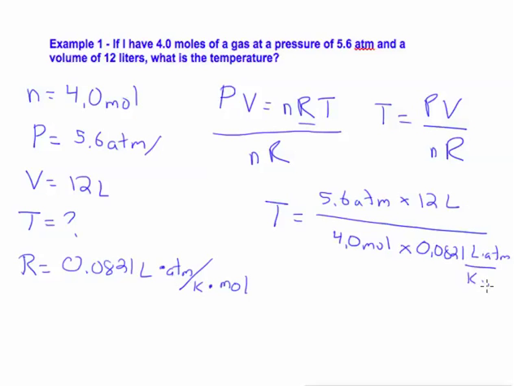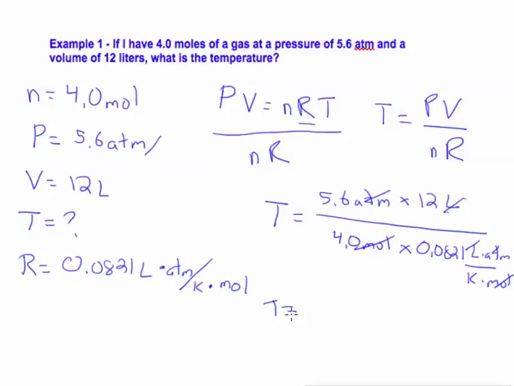Moles cancel out, atm and liters cancel out to give us Kelvin left for our temperature, which makes sense. So we put the rest in our calculator. 5.6 times 12 divided by 4 divided by 0.0821.